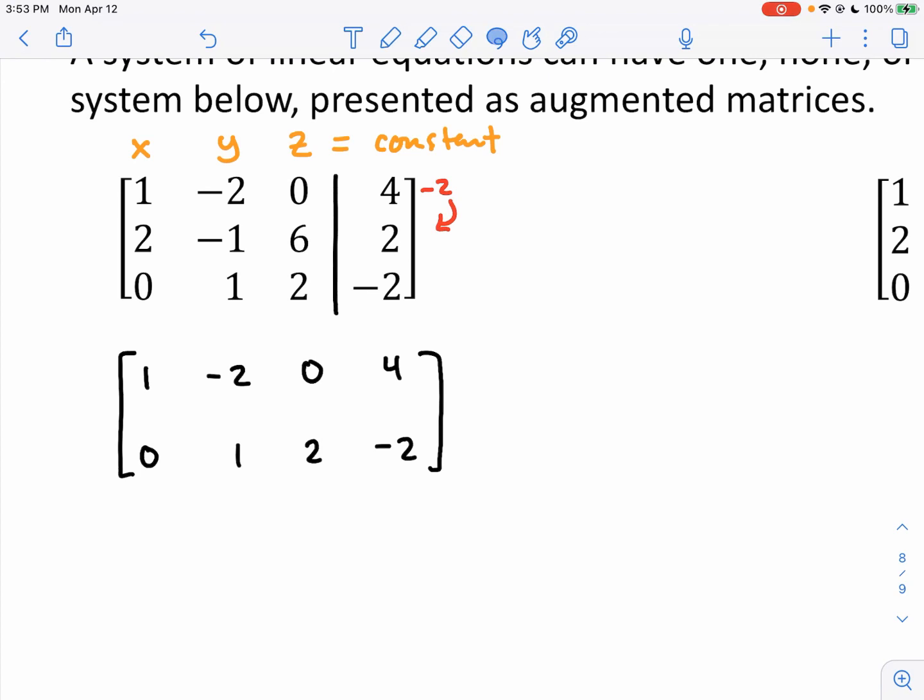And we do -2 times 1 is -2, add to 2 makes a 0. -2 times -2 is 4, add to -1 is 3. -2 times 0 is 0, add to 6 is 6. And -2 times 4 is -8, add to 2 is -6. At this point, I already have a 1 right here, so I'm going to do a row interchange between these two rows.